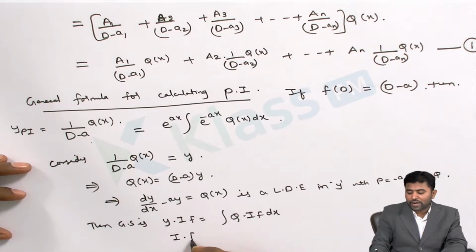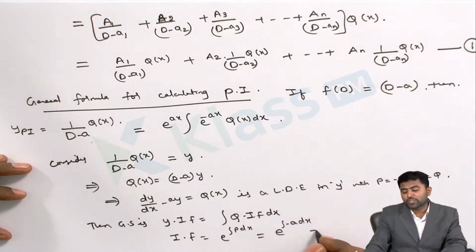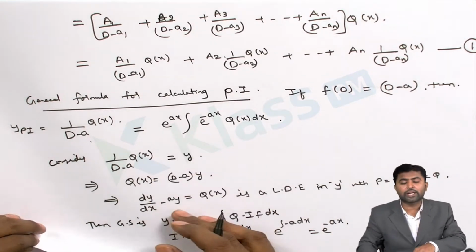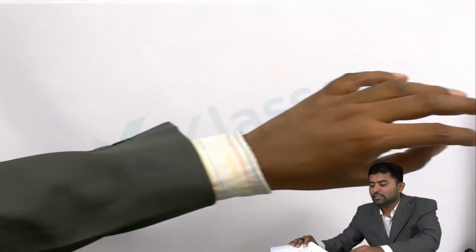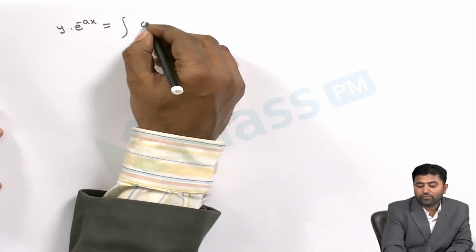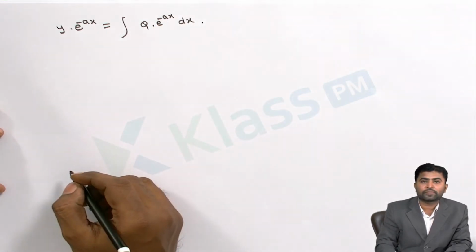So integrating factor is e power integral p dx. Then that becomes e power integral minus a dx, which is equal to e power minus ax. I'll substitute this above, so I'll get y into e power minus ax is equal to integral of q into e power minus ax into dx.